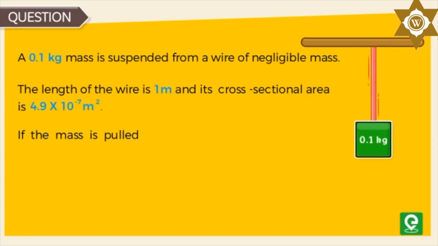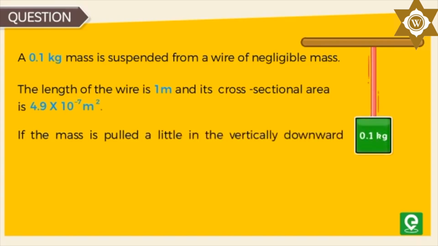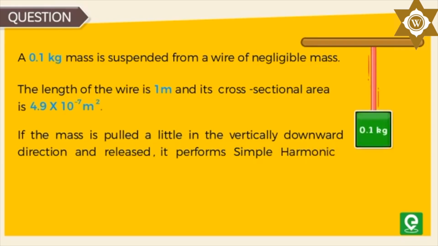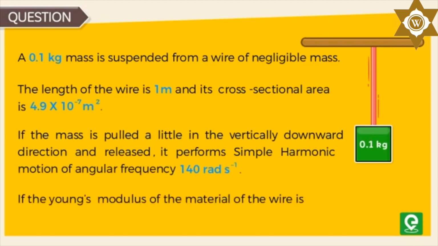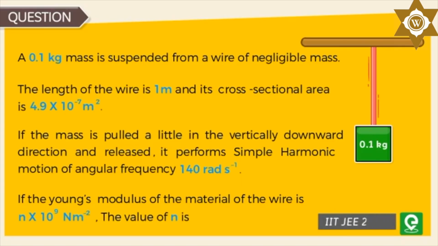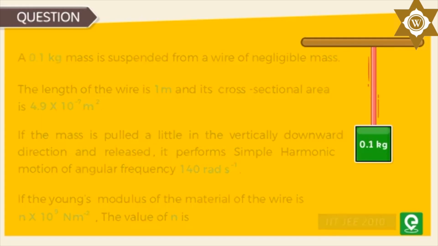If the mass is pulled a little in the vertically downward direction and released, it performs simple harmonic motion of angular frequency 140 radian per second. If the Young's modulus of the material of the wire is n into 10 to the power 9 Newton per meter square, the value of n is. This question was asked in IIT JEE 2010 exam.